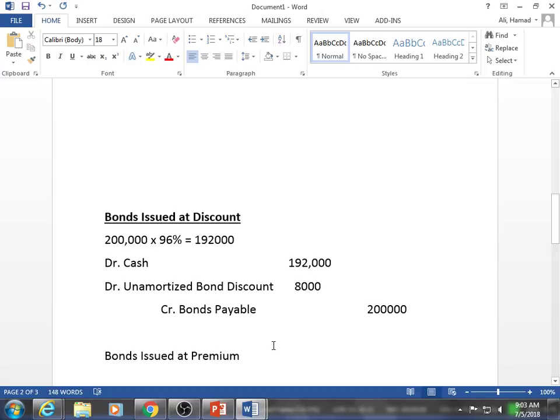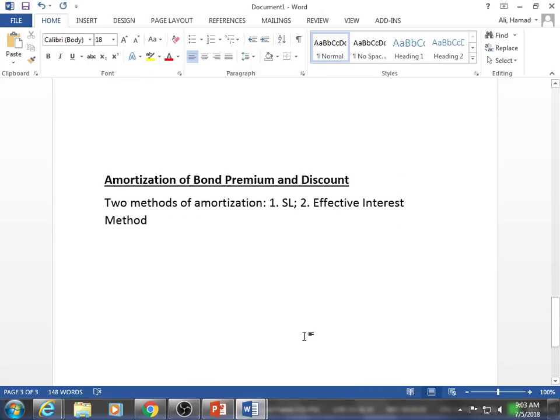So let's go back to our example with the discount. How do we do the amortization? Let's do amortizing the discount under the straight line method first. We divide the 8,000 by 10 periods, because it's straight line, and that gives us $800.